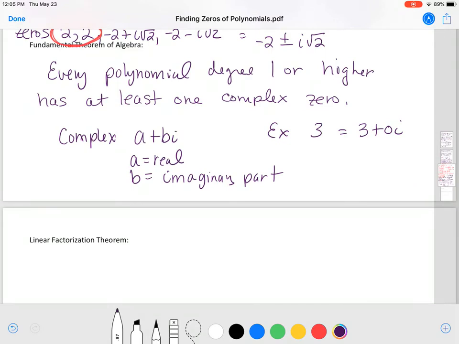So all reals are complex numbers, but not all complex numbers are real numbers. If there's an imaginary part in there, a b that's other than 0, then it's going to be considered an imaginary number, versus if b is 0 and there is no imaginary part, then that falls into the real category.